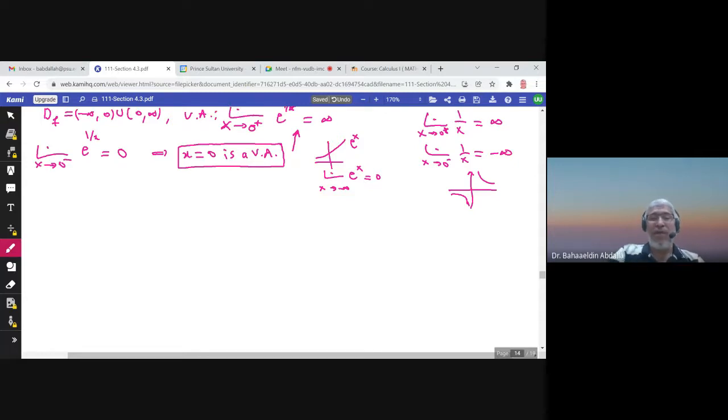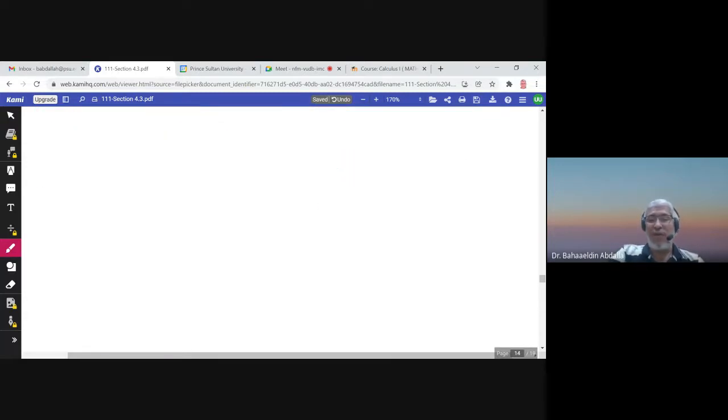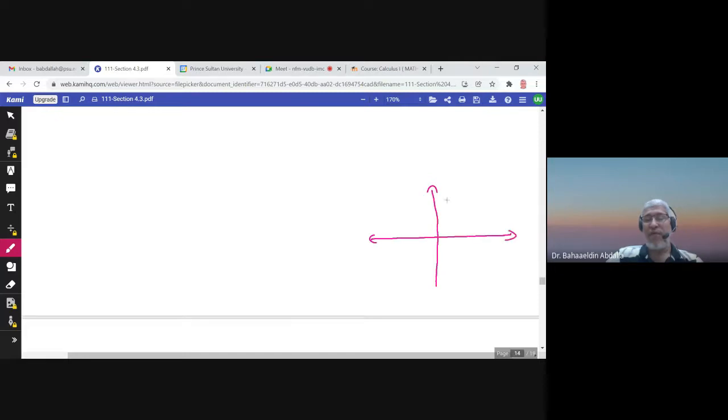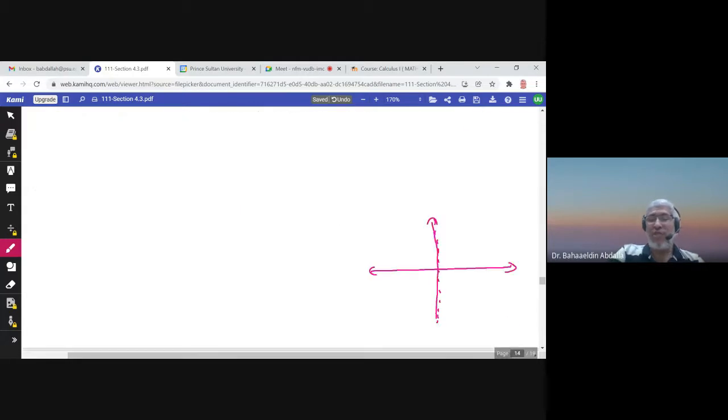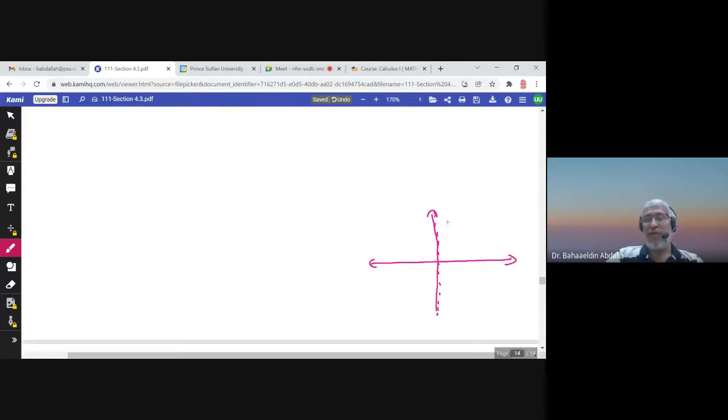So I can start graphing if you like. I will sketch the graph here. I have a nice piece of information now. I know that this line is a vertical asymptote. And I know now when x approaches 0 from the right, the function goes to infinity. So the graph will go to infinity here.